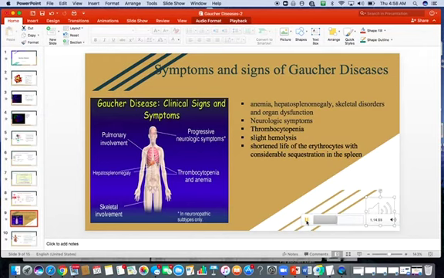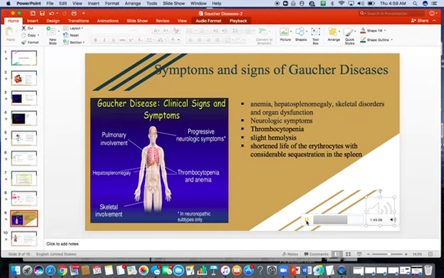But the general signs of Gaucher disease are anemia, hepatosplenomegaly, skeletal disorders and organ dysfunctions, neurologic symptoms, and thrombocytopenia, slight hemolysis, and shortened life of erythrocytes with considerable sequestration in the spleen.